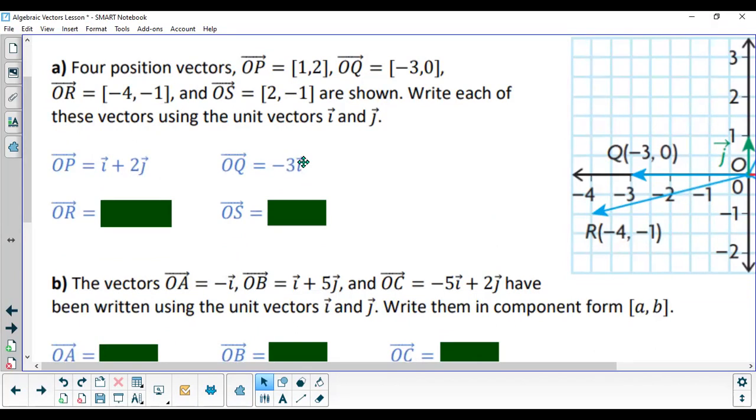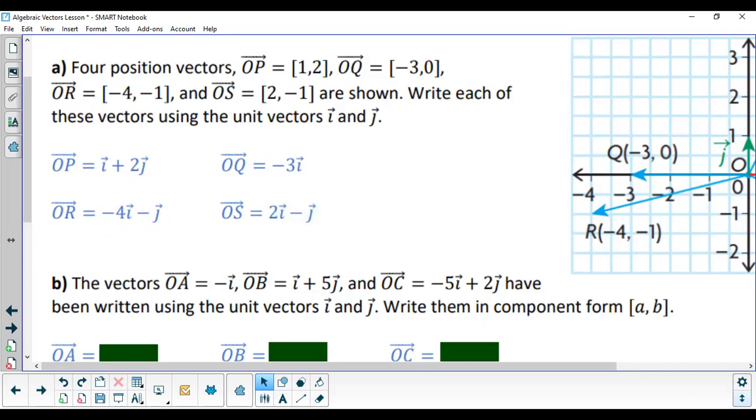We're breaking it up using our unit vectors. For OR, I know I definitely have horizontal components and vertical components. So you have -4 should be your number in front of the i, and -1 should be the coefficient in front of the j. And finally, OS is 2i minus j.